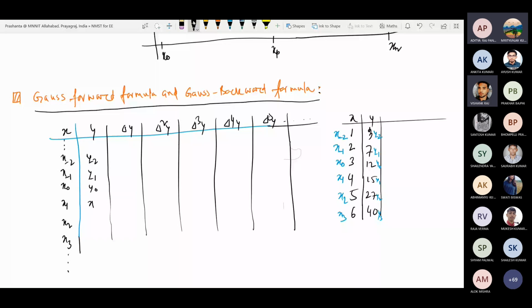Y1, Y2, Y3. So tell me, what are the values in the forward difference table here at this dotted position? That will be delta Y minus 2. Is that okay? What will be the name of the element here in the next dotted position?